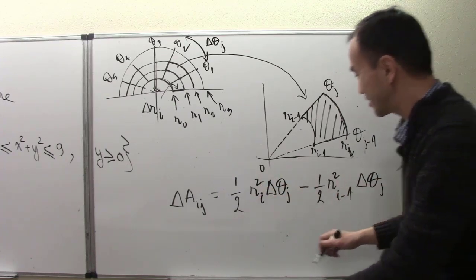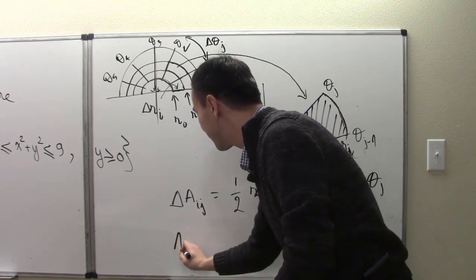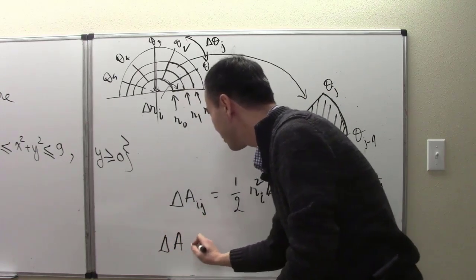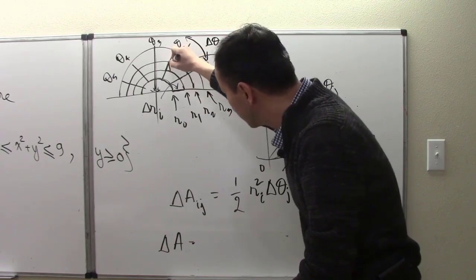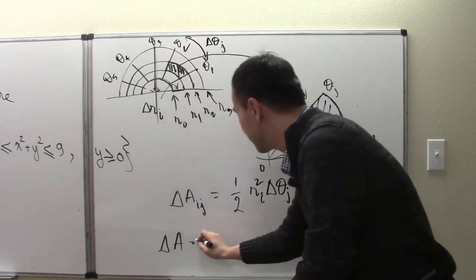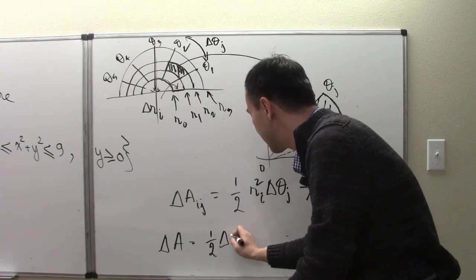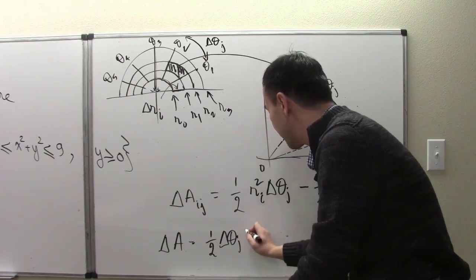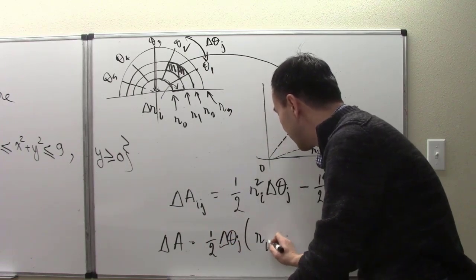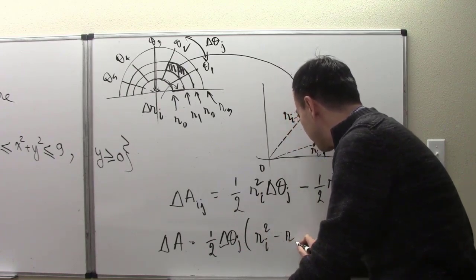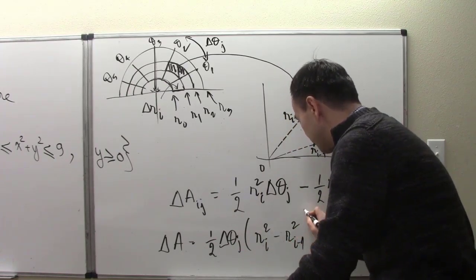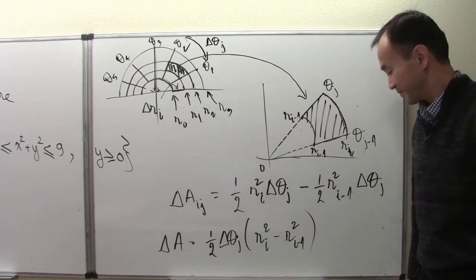All right, and so the area of that little small area that I'm extracting to show the calculation is indeed, yes, we can factor out the 1/2 delta theta sub j, and what we have is just r sub i squared minus r sub i minus 1 squared.